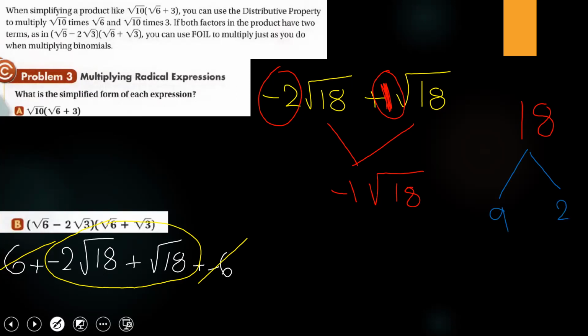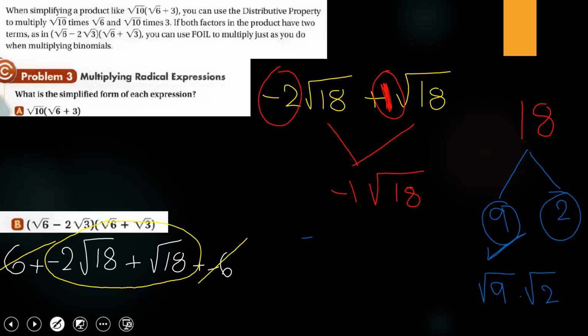Now look at the factors of 18: 9 and 2. Are 9 and 2 prime numbers? No, 9 is composite, it is not a prime number. 9 is a perfect square. So I can say that square root of 18 is square root of 9 times square root of 2. The numbers that I stop at, I will put them under the square root.